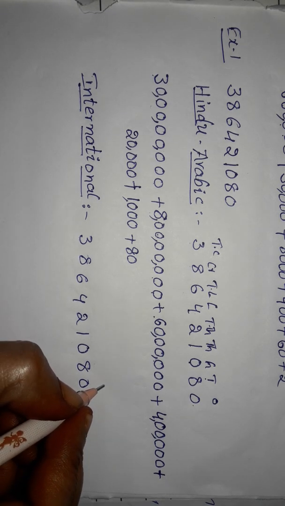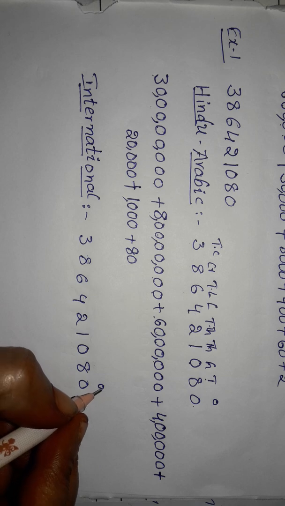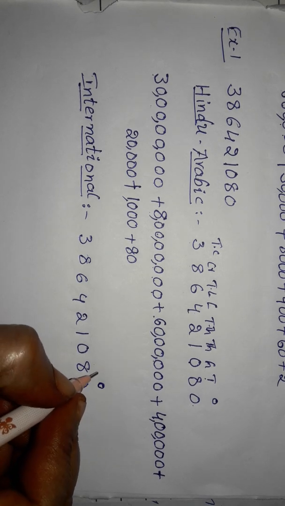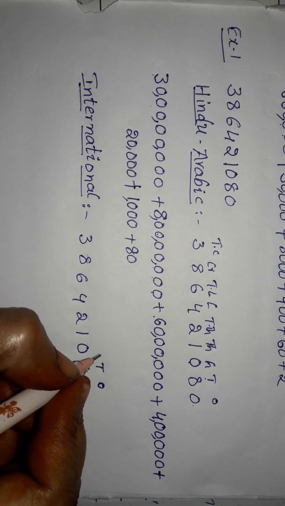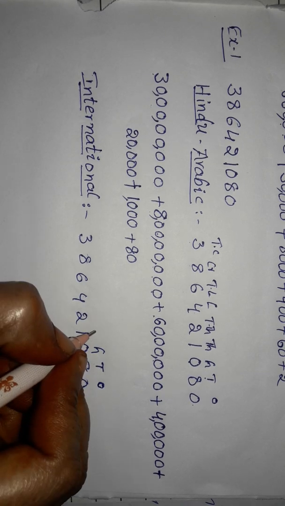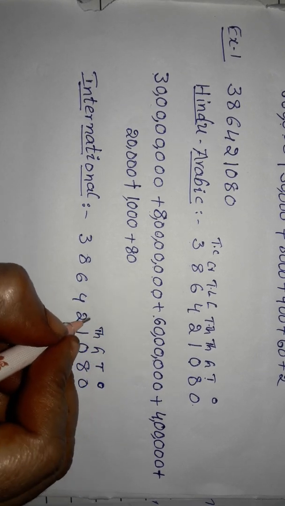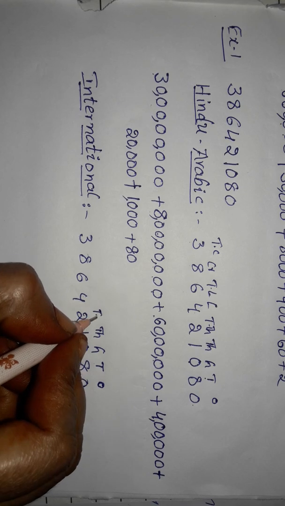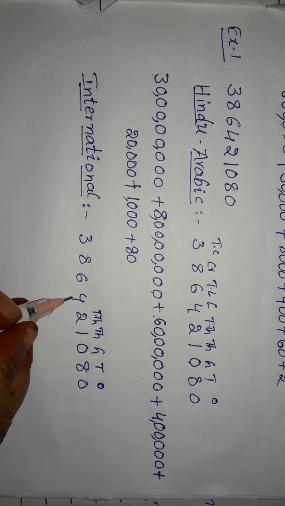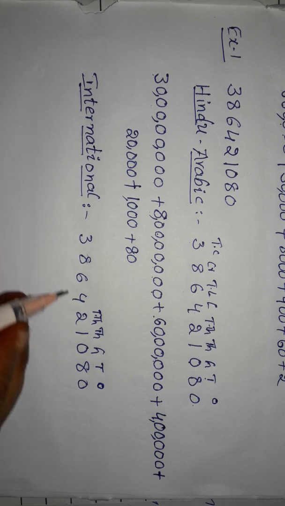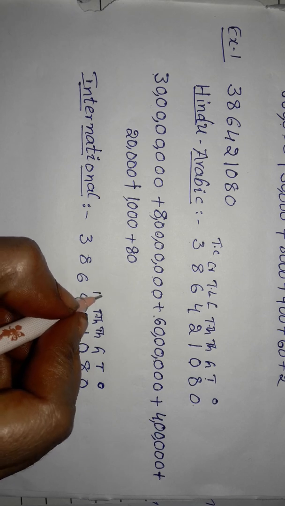This is the ones place, tens place, hundreds place, thousands place, 10,000s place. After that lakhs. Shall we write lakhs here? No. Why? Because it is international system. So we have to write 100,000s here.